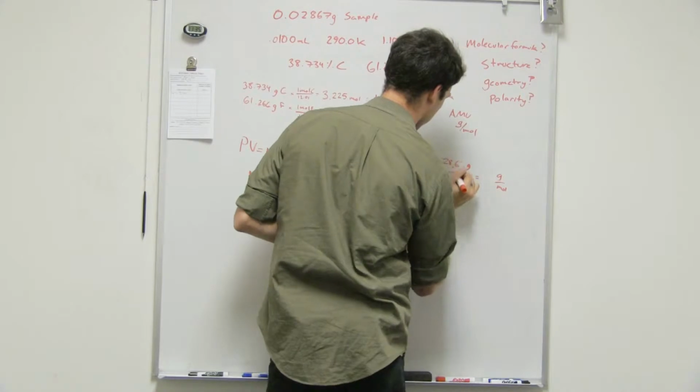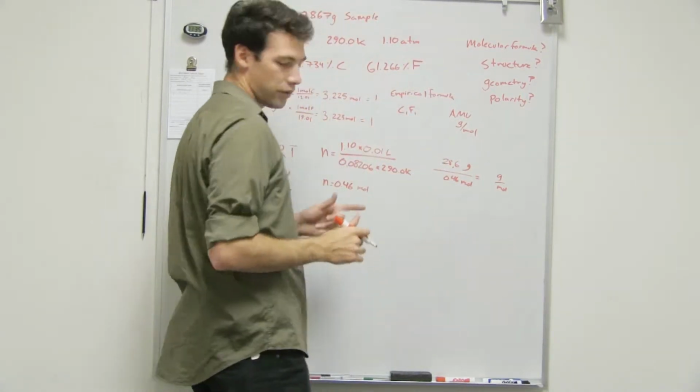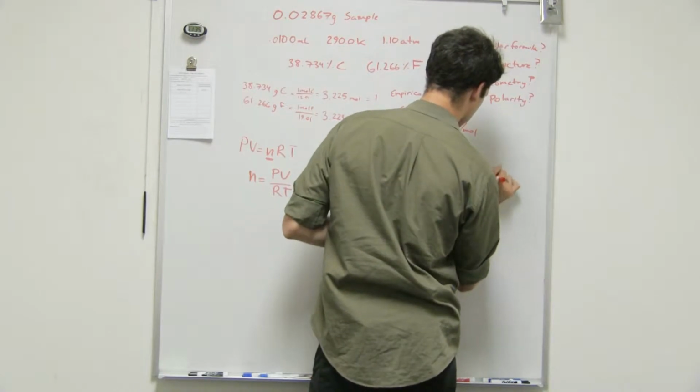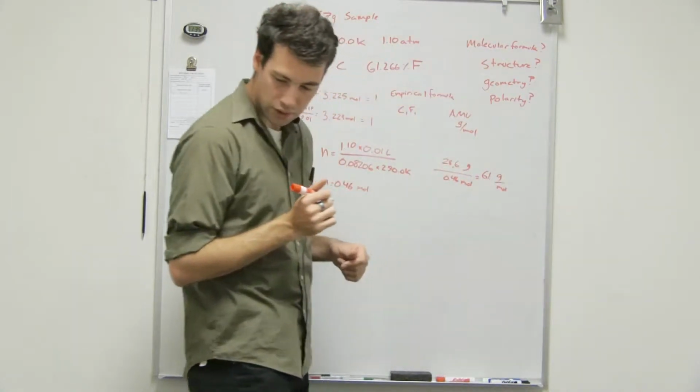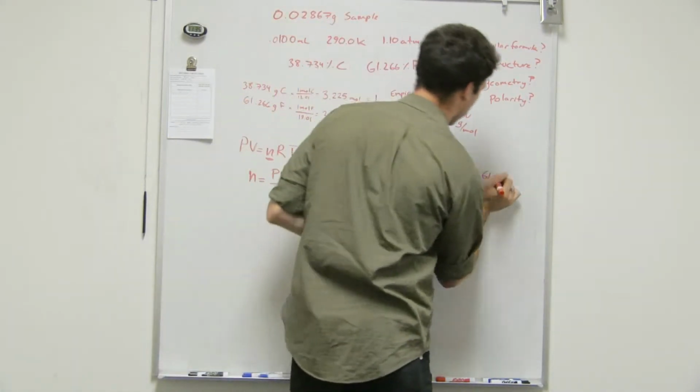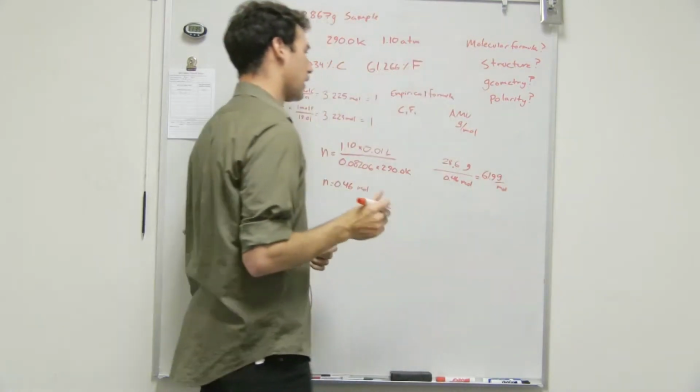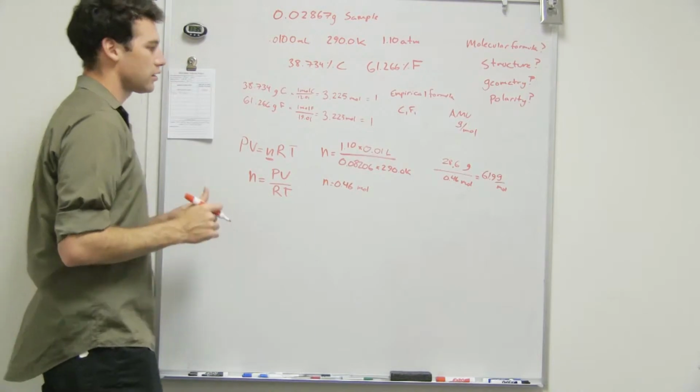And so if we work that out, then our total really is 61.9 grams per mole. Okay? So that's our AMU.